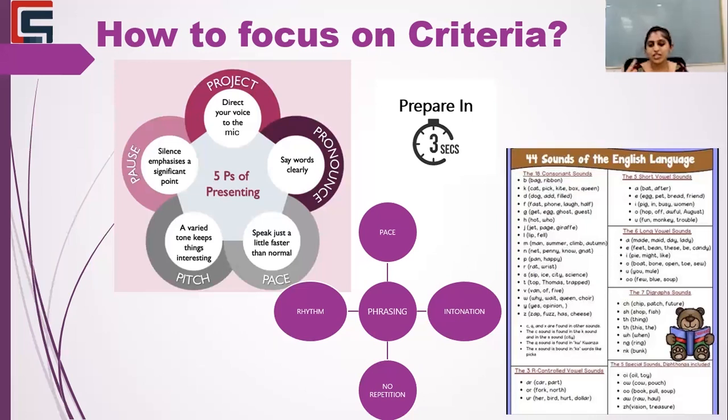Along with this, we need to know the 44 different sounds that are there in the English language, because we people are struggling with the pronunciation of words. That is because we do not know the different sounds. For example, we Indians say schedule one way, whereas Americans call it another.